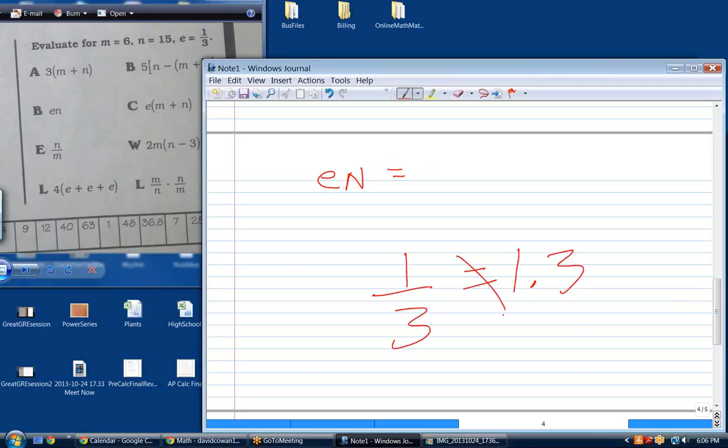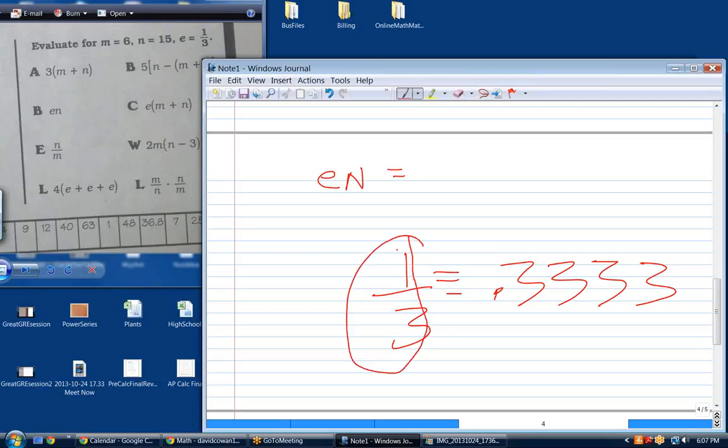These are not equal. 1/3 is equal to 0.33333. In other words, I can write it like this, but I have to put a line over that because it repeats forever. So, should we use the fraction or should we use the decimal? Fraction. Always. Because this is exact.